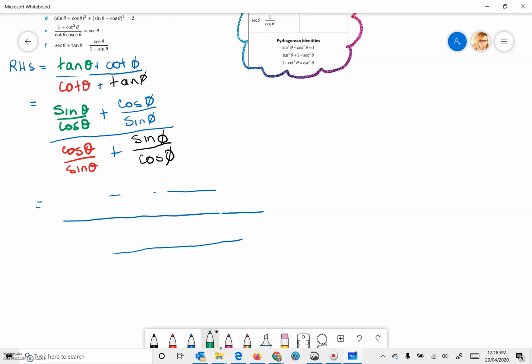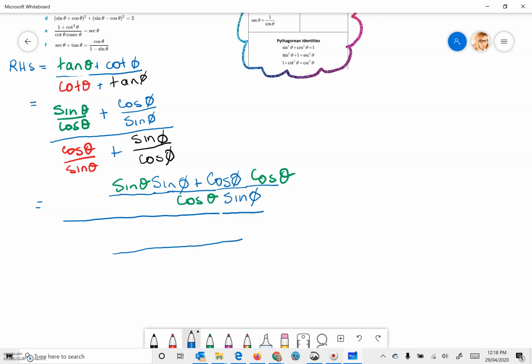You've actually got a sine theta times a sine phi plus a cos phi times a cos theta, and then on the bottom you had a cos theta, sine phi. Okay, so that's the bottom. That's the top line gone.